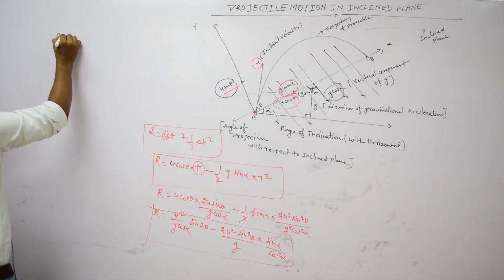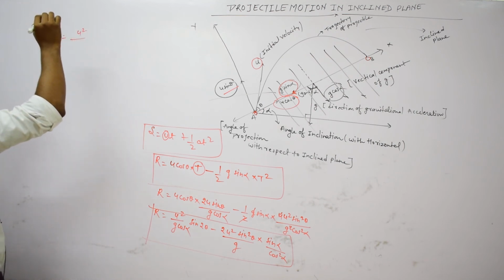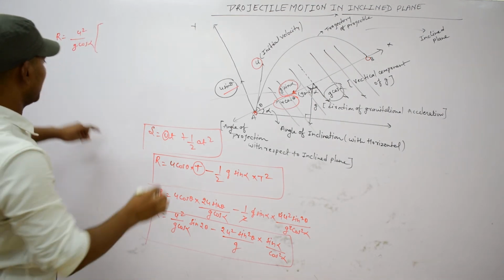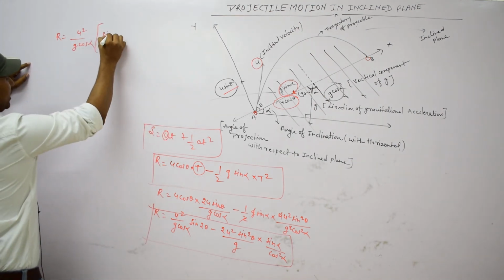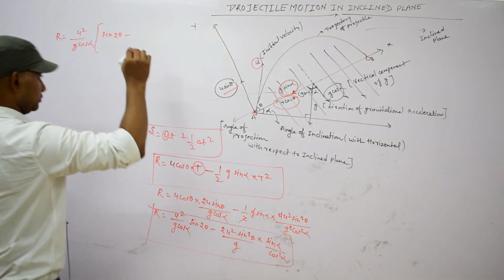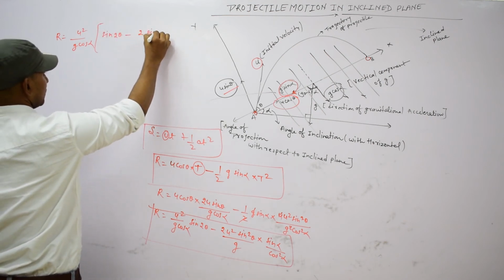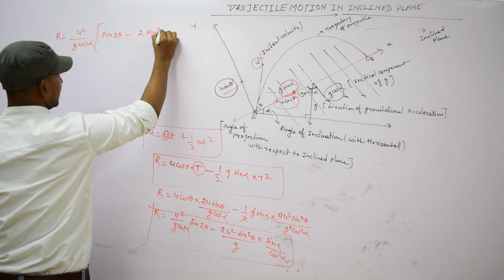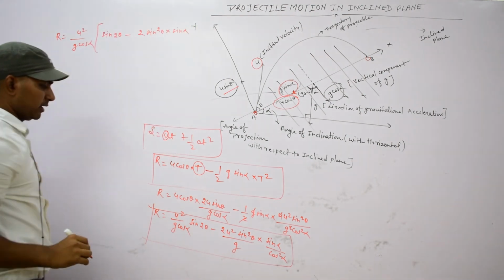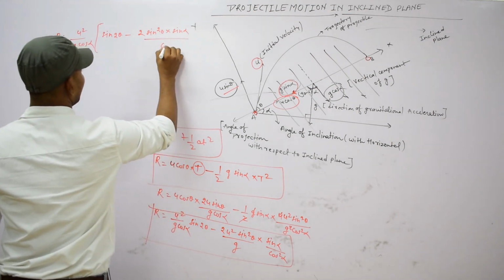Then your R is equal to u square upon g cos alpha, if you take it common, then you will get sin 2 theta minus 2 sin square theta into sin alpha upon cos alpha.